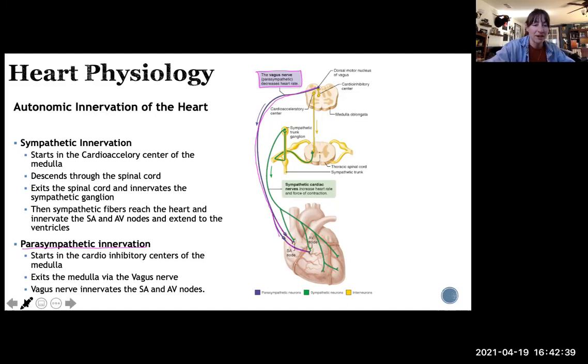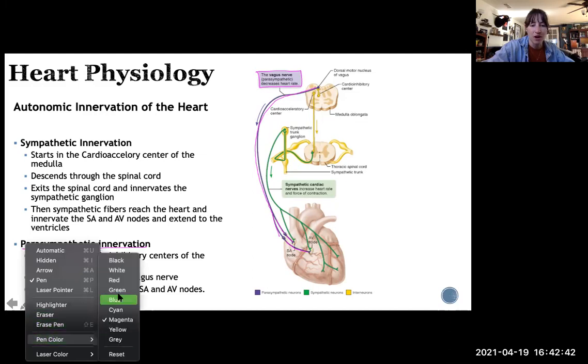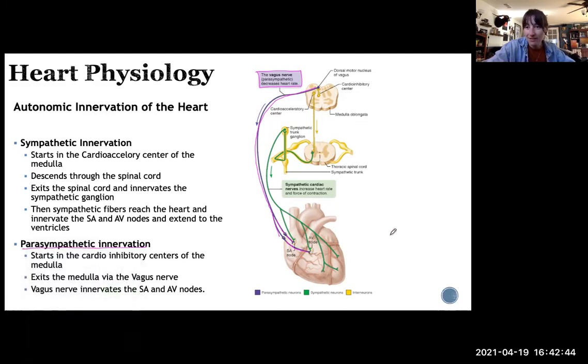Meanwhile, because your parasympathetic and sympathetic nervous systems innervate the same things and work in tandem, although antagonistically, the sympathetic portion of the innervation of the heart goes to the same place. They just take turns having control over it.